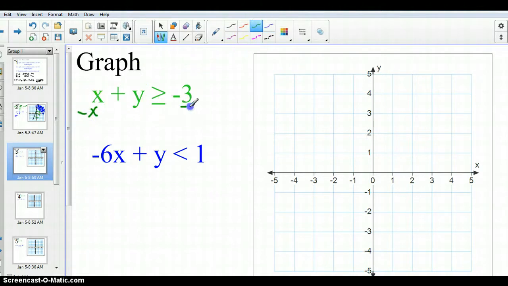So I'd subtract x for both of them. So y is greater than or equal to -x minus 3. So I plot that, -3. It's my y-intercept. My slope is -1 over 1. So it's negative, it's going to go downwards. So down 1 to the right one. And also go up 1 to the left one. This is a solid line.